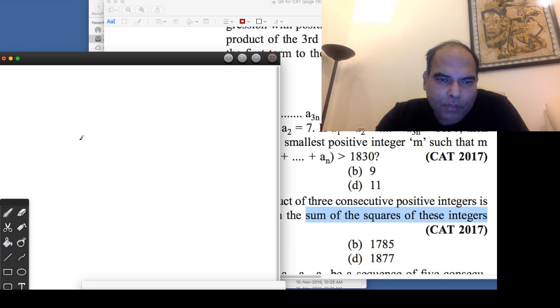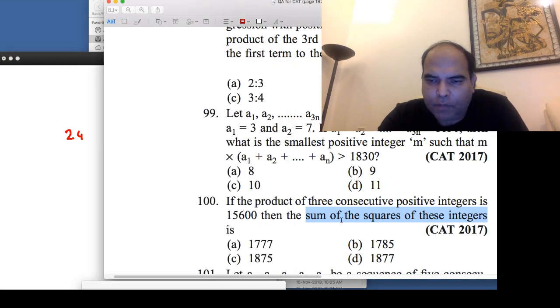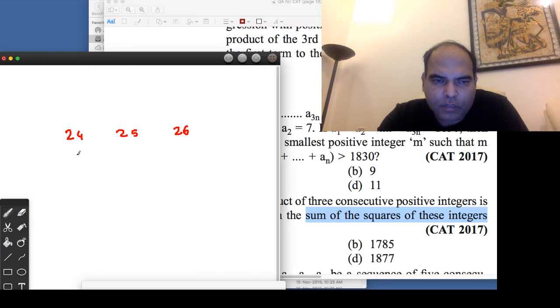So anyway, coming back to this question, once I know 24, 25, 26, the rest part is just a formality because the question is asking me the sum of the squares of these integers. I know the integers. So the sum of the squares is 576 plus 625 plus 676.